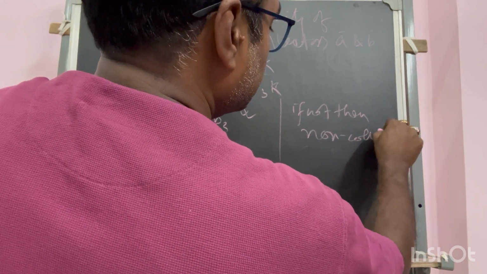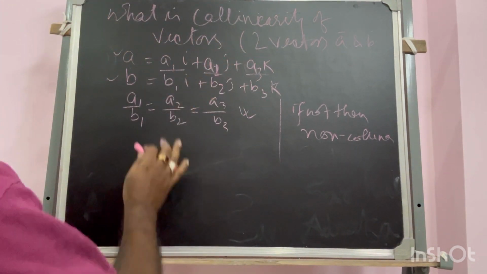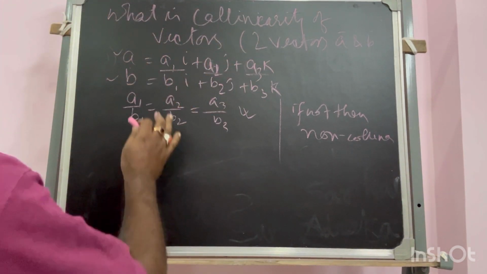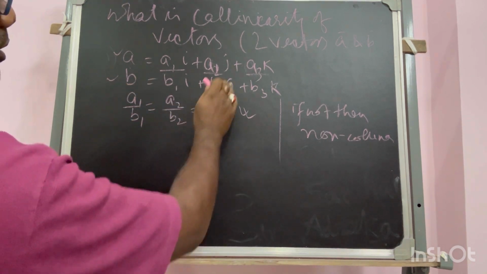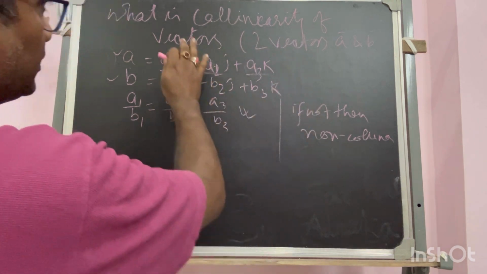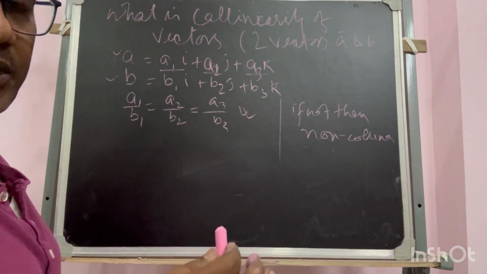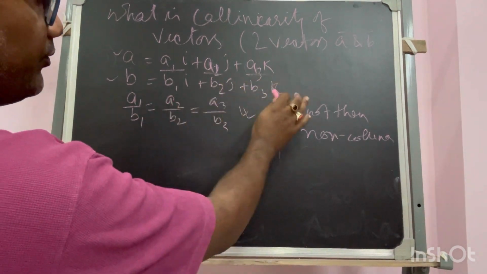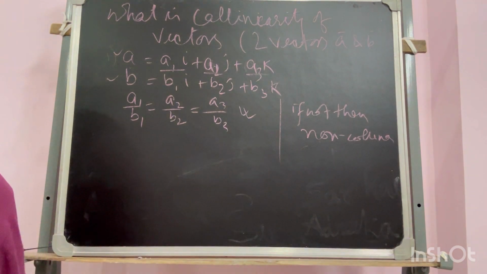So when we do some examples, if two vectors are given like that, first we will try to make the coefficients, and if those coefficients are equal, then we can conclude that these A and B vectors, or whatever vectors are given, are collinear. If not, straight away we can say this is non-collinear. This is the condition that we have learned.